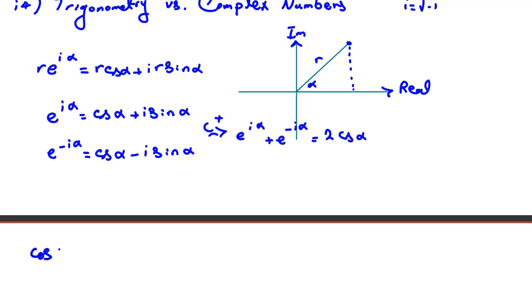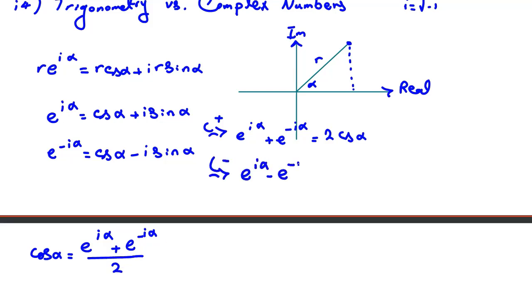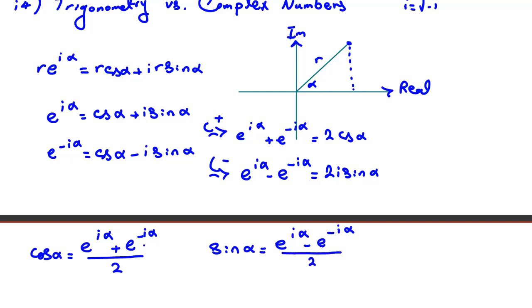So if you divide by 2, cosine alpha equals e to the I alpha plus e to the negative I alpha over 2. If we subtract, e to the I alpha minus e to the negative I alpha equals 2i sine alpha. So if you divide by 2i, sine alpha equals e to the I alpha minus e to the negative I alpha over 2i. Okay, so working with these things is important.